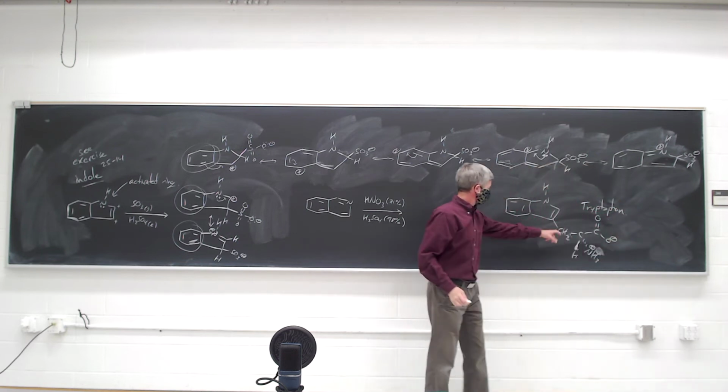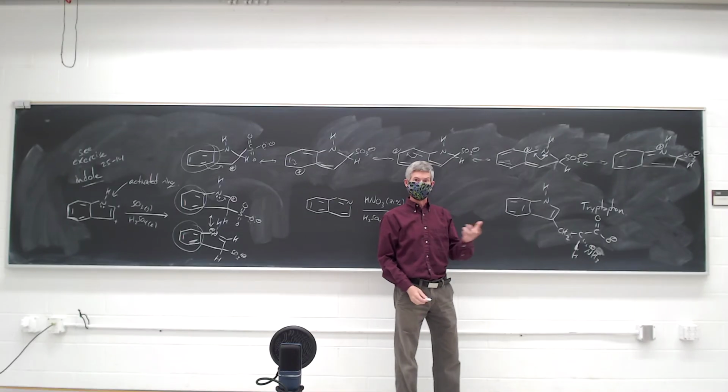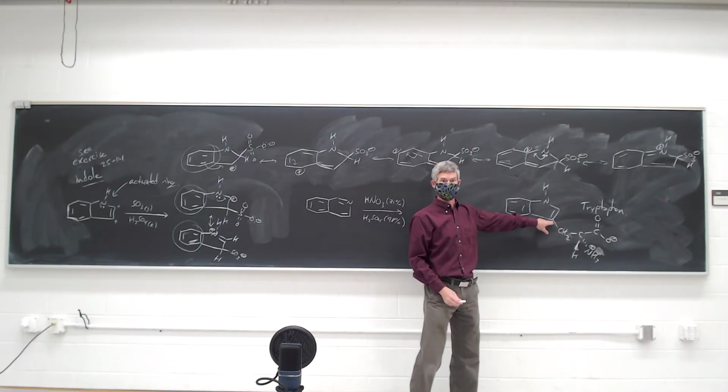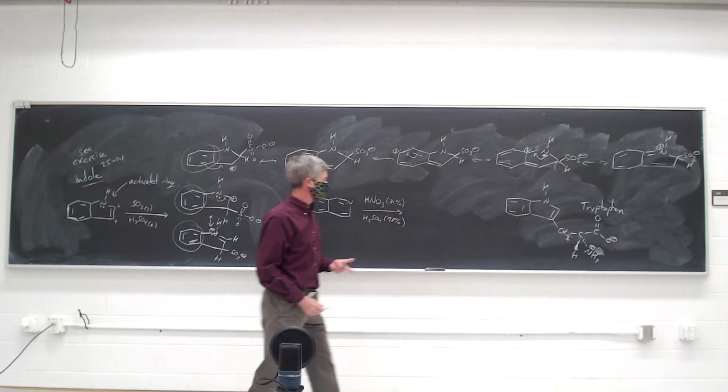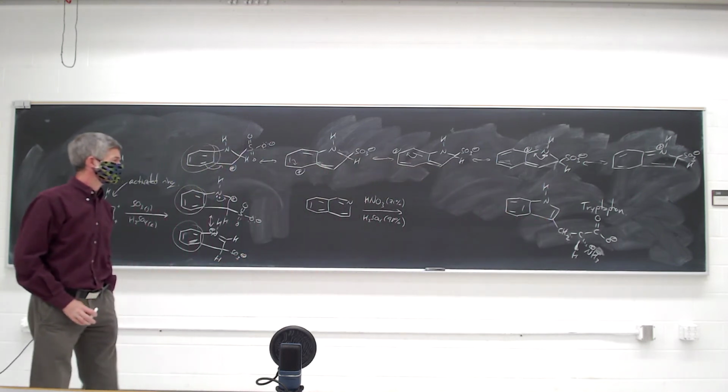And the point of attachment of the CH2 group to the indole ring in the amino acid tryptophan is indeed at that 3 position, which makes sense. So even in the biological system, that 3 position is the reactive position.